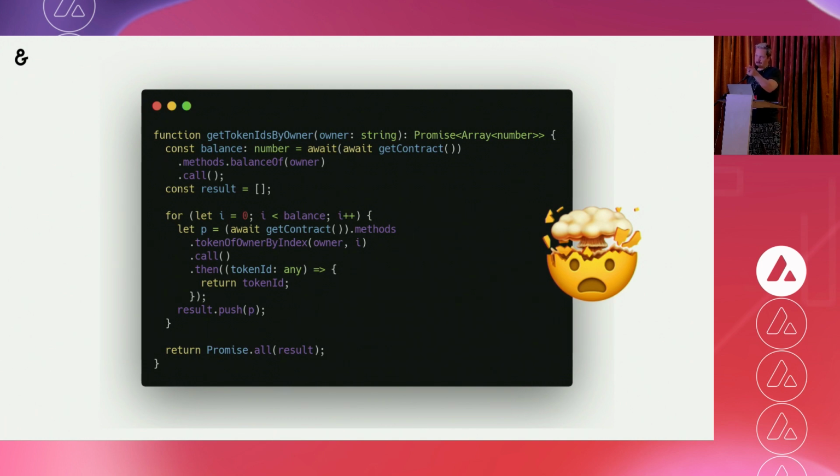There are asynchronous calls to the JSON RPC endpoint. All of them take 300 to 400 milliseconds to resolve. If someone has 10 or 20 NFTs, this code runs for several seconds until we can simply display which NFTs that address owns, right? And that's far from optimal.